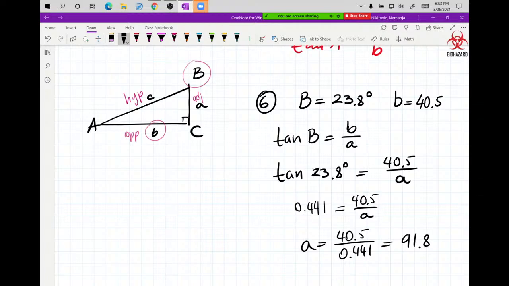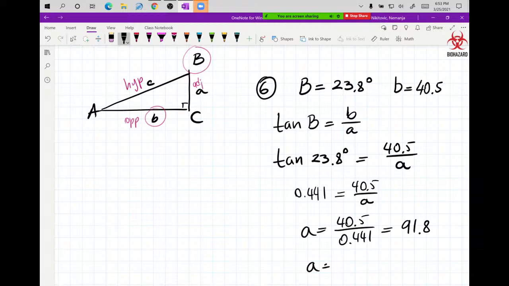Why am I not putting 16 decimals? Because this side, B, was given as one decimal. So let A be a side with also one decimal. Okay, there we go. So now I have A, I have B.